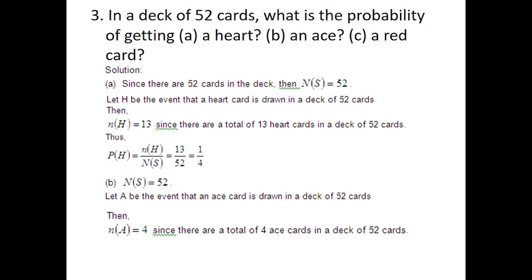A na diamond, A na club, A na spade. Heart, diamond, club, spade. Ayun. Yung apat na yan. Okay? So, 4. So, 4 over 52 nun. N of A over N of S. 4 over 52. Divide natin, 1 over 13.